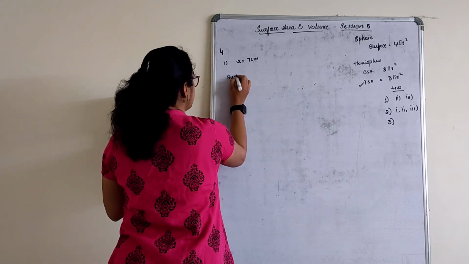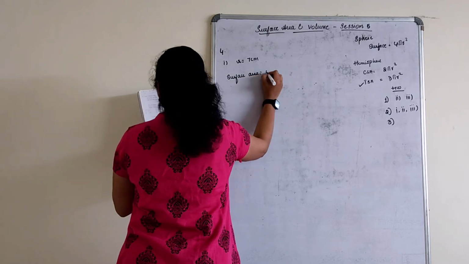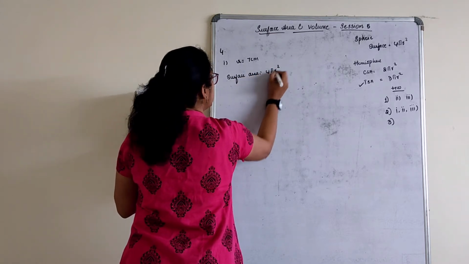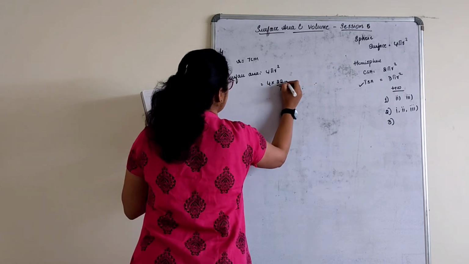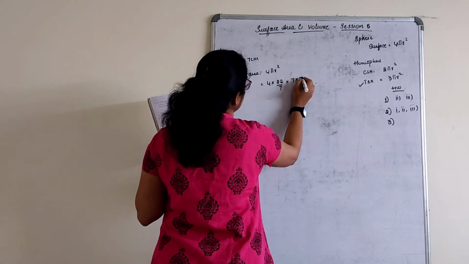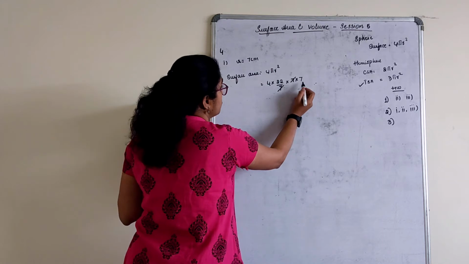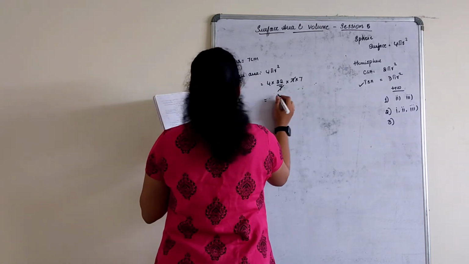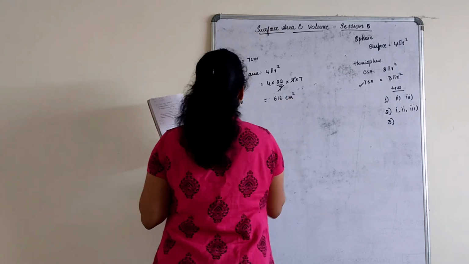Surface area is equal to 4 pi r square, 4 into 22 by 7 into 7 into 7. The 7s get cancelled. Multiply this and you will get the answer as 616 centimeter square.